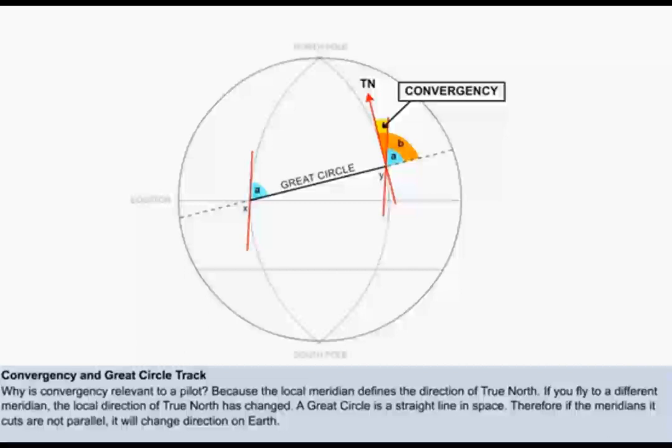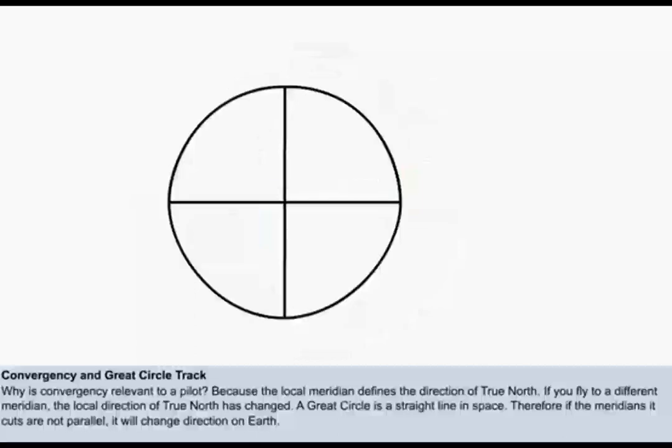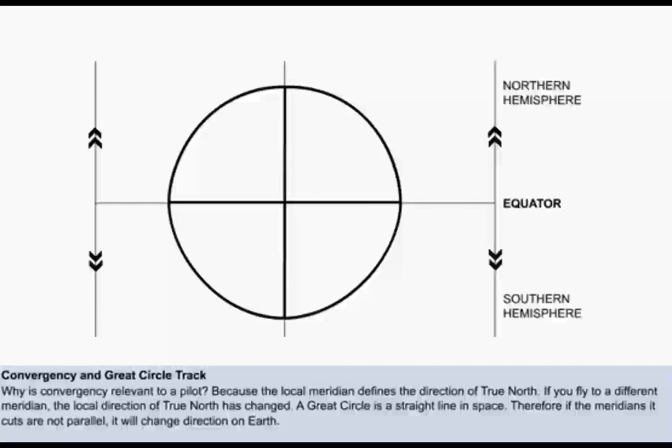If you remember, we drew a circle and divided it into 4 quadrants. The top and bottom of the circle represent the northern and southern hemispheres, but the left and the right are not Earth hemispheres. They represent the direction of travel. The left side represents a westbound track, and the right one an eastbound track.